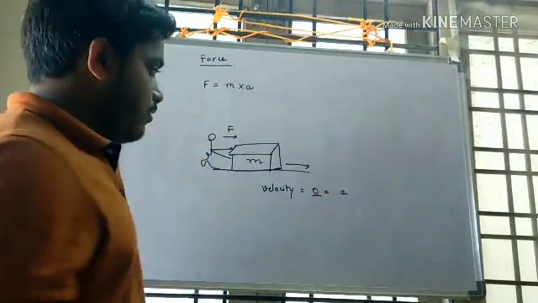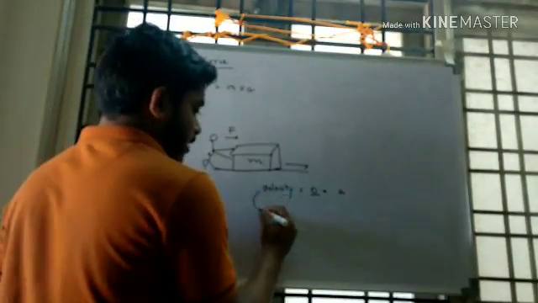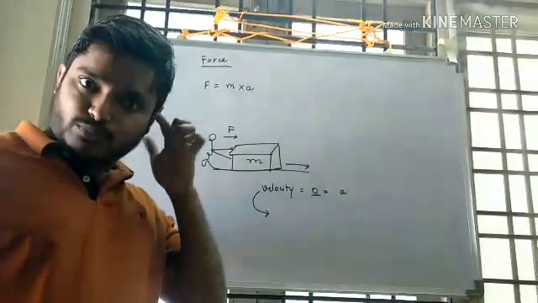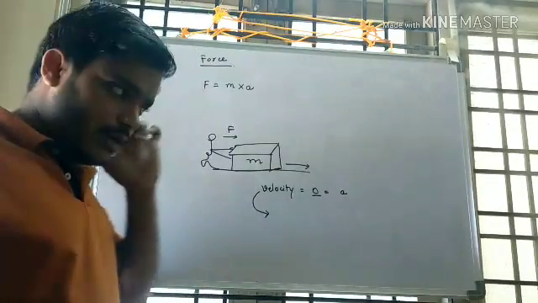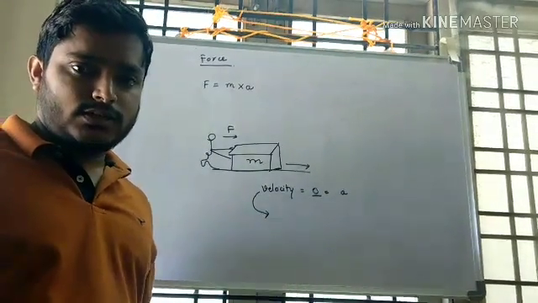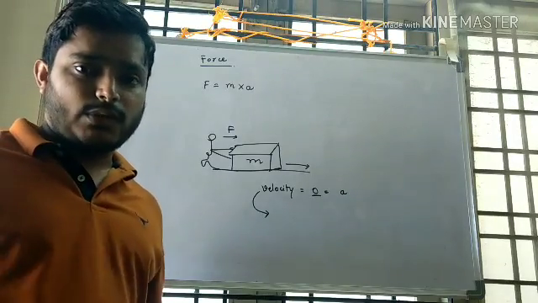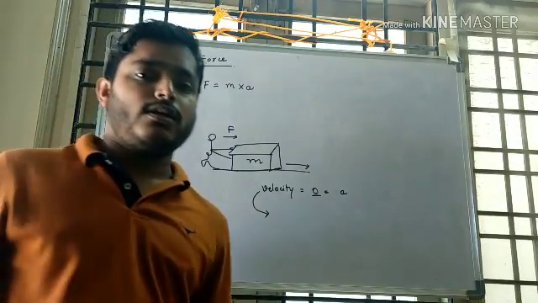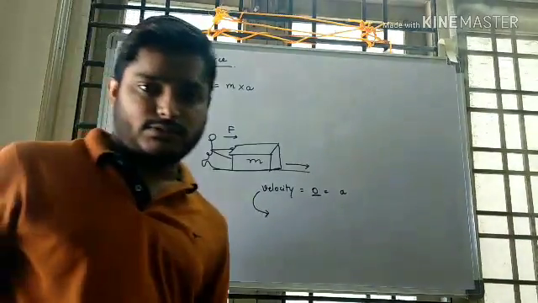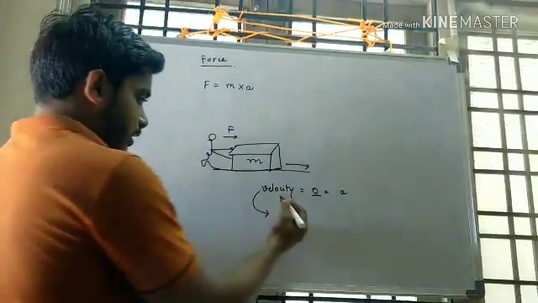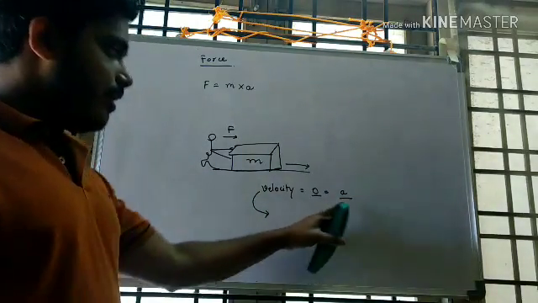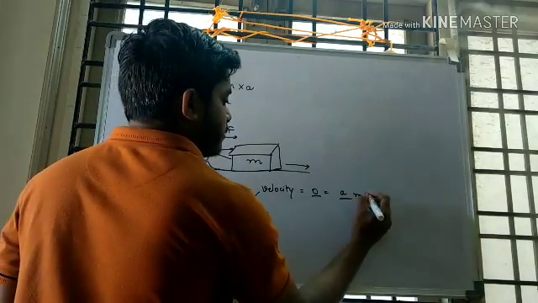So when I try to push or pull the object while it is at rest, after some time the object keeps moving with a particular speed in a particular direction. Then we can say the object has a velocity of a meters per second.